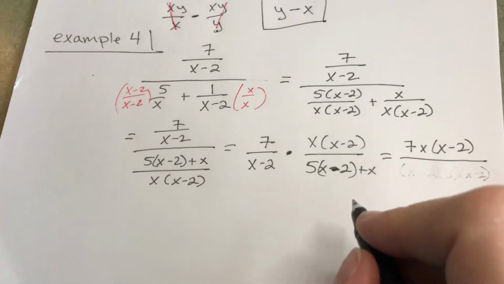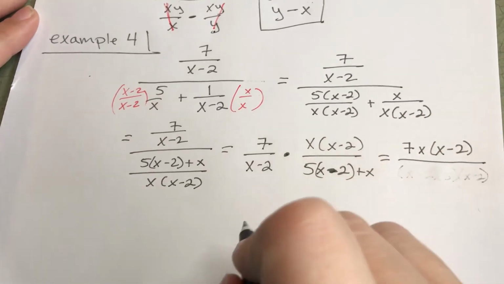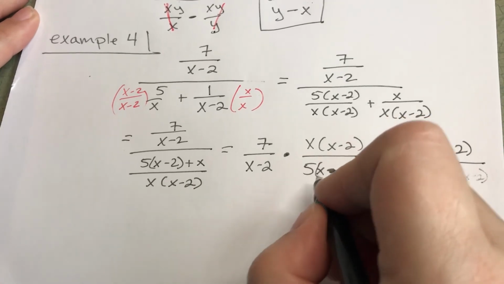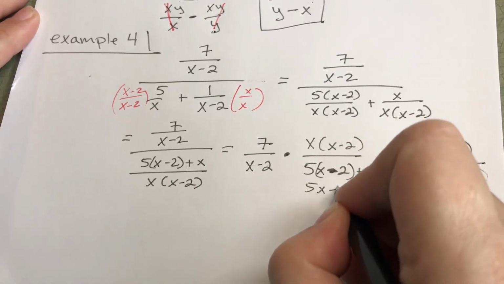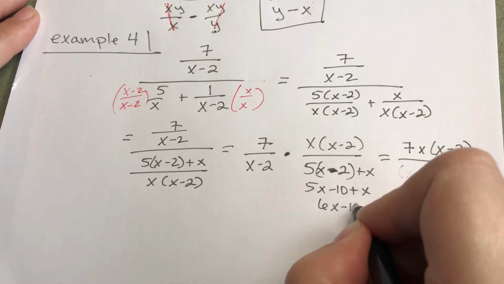Alright, I am going to distribute this before I multiply because I'm making a mess right now. So this is 5x minus 10 plus x, simplify. So this is 6x minus 10.